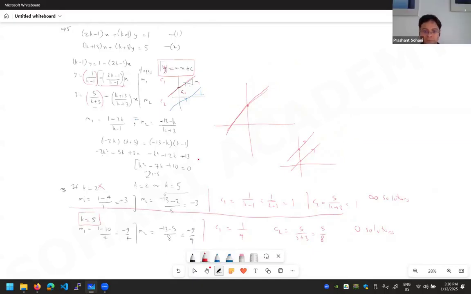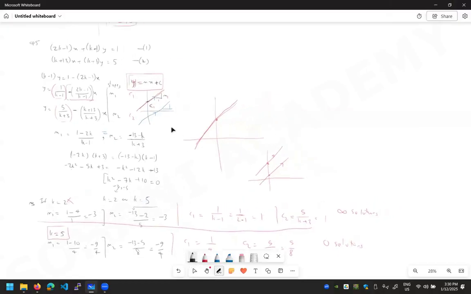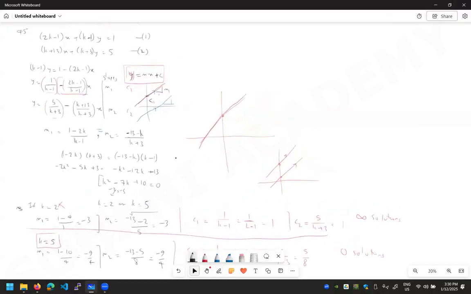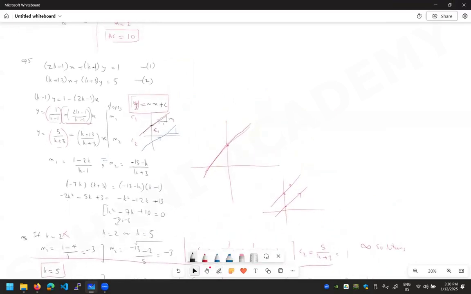Harshvardhan. Sir, so in the question it is given that there is no solution for the lines. So we can assume that the lines are parallel. Okay. So there is a formula that when lines are parallel, A1 upon A2 is equal to B1 upon B2 is not equal to C1 upon C2.